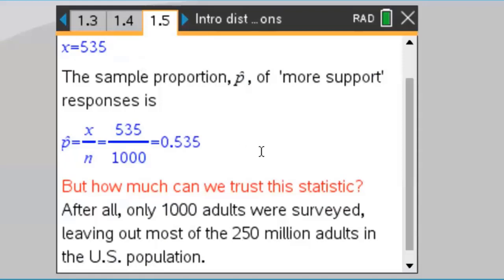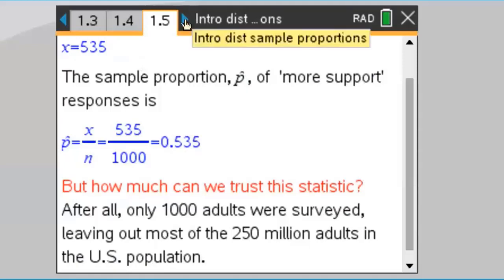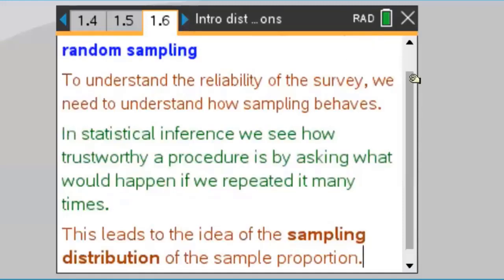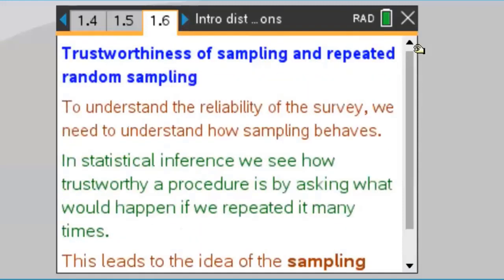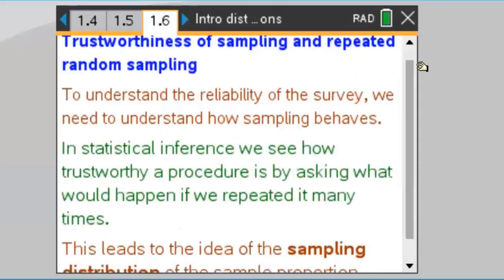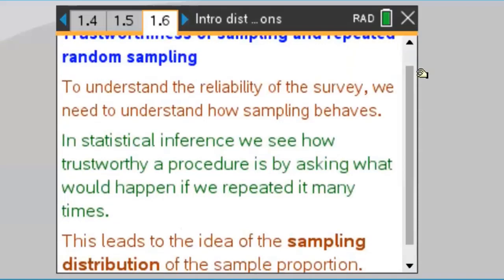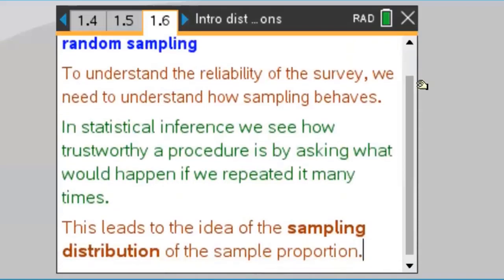But how reliable is this statistic? Because after all, that was a sample of 1,000 out of an adult population in the US of 250 million. So in order to answer that question, we need to understand how sampling behaves. And in statistical inference, we see the trustworthiness of a procedure by seeing what happens if we repeat it many times.